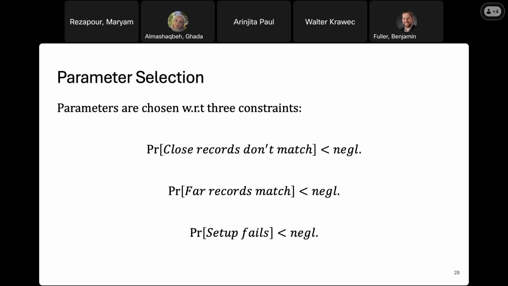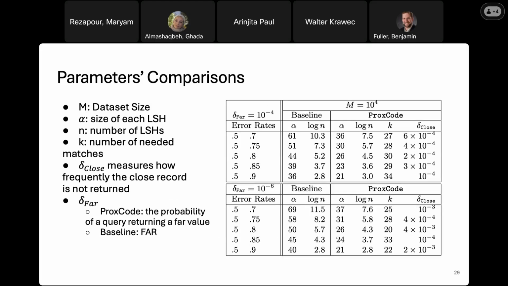The probability that the far records match the query should also be negligible, and the probability that the setup fails should also be very small. Having these 3 conditions hold at once, we were able to compute parameters that our construction would work on, and we were able to compare it to the baseline scheme that I talked about.